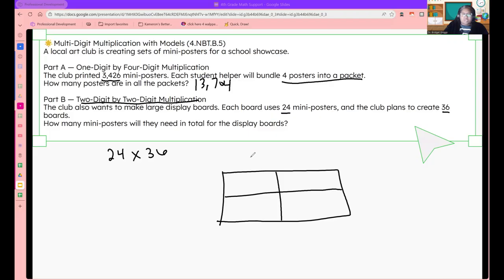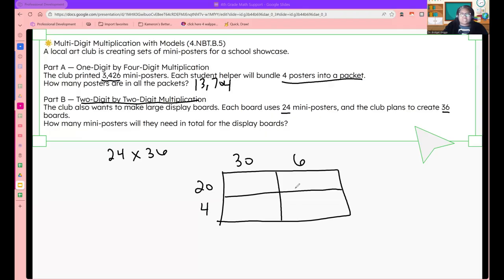So we'll put our 36 up here in its place values. So 30 and 6. And then same for here, we'll have 20 and 4. So the way we're going to do this area model is we're going to multiply each one, put them into the boxes and add them all together.